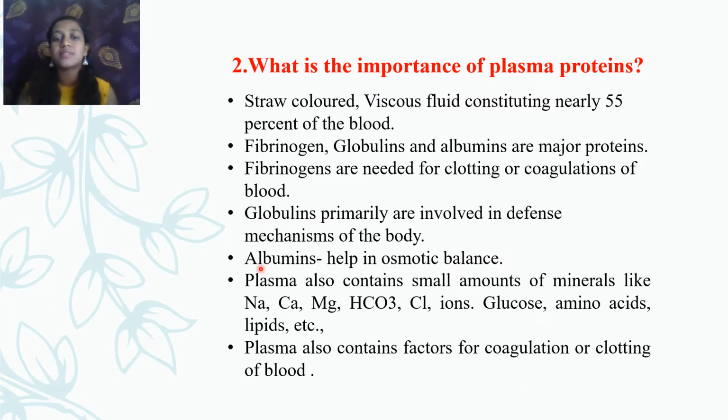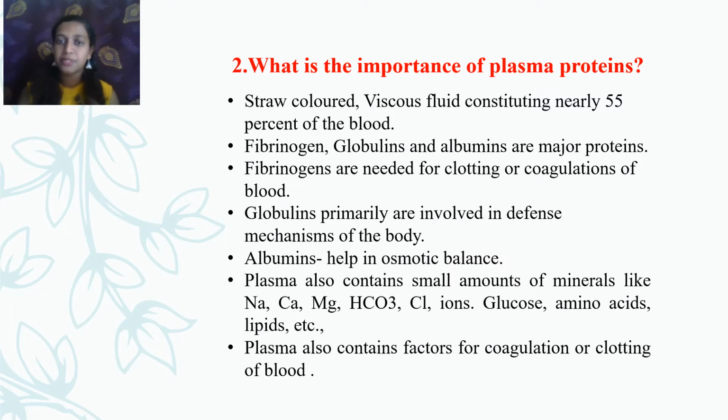Albumins help in osmotic balance in our body. Plasma also contains some amount of minerals like sodium, calcium, magnesium, bicarbonate and chloride ions. It also contains glucose, amino acids, lipids, etc. The plasma also contains the factors which are responsible for the coagulation of the blood.